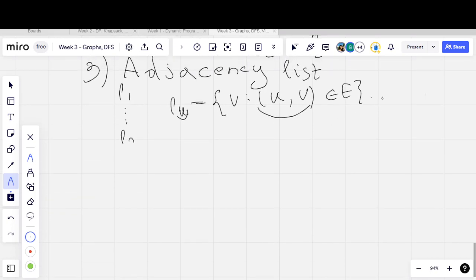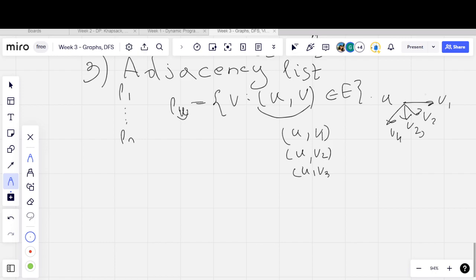What I mean is, if you have U, some vertex, and you have edges, and V1, V2, V3, V4, we can get these edges by U. We can get the list of these pairs of edges.